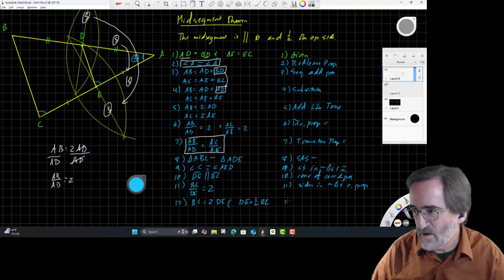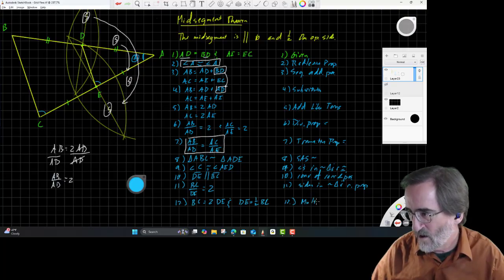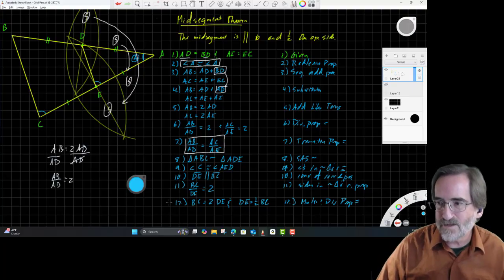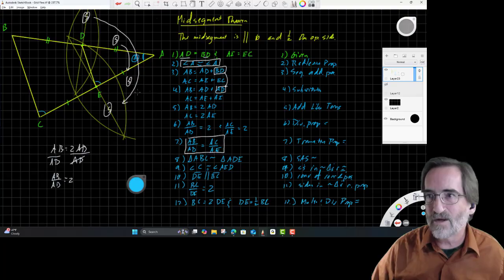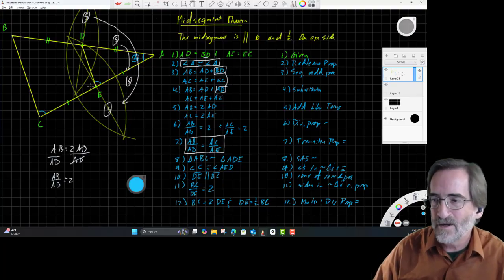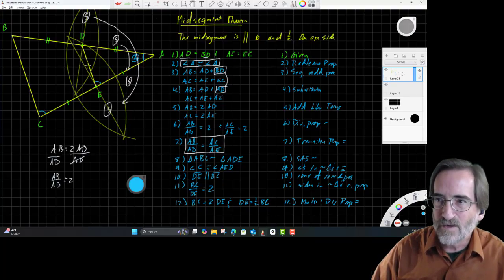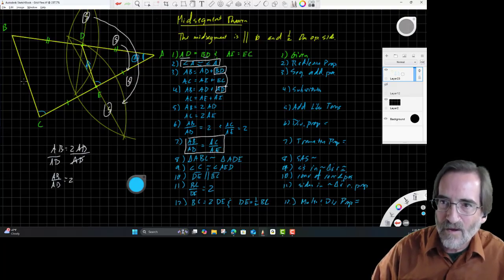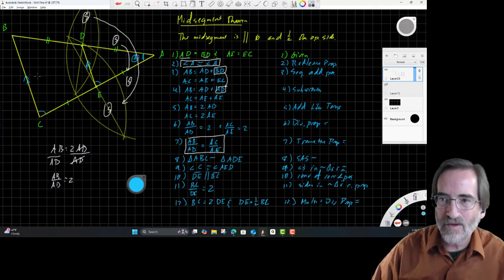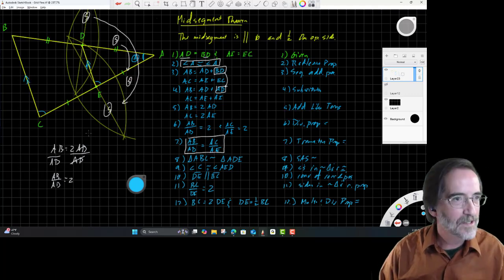By 2 steps there, by multiplication followed by the division property of equality. Whew. All right, so we started with the midpoints, the mid-segment, and we ended with DE is both parallel to and 1/2 the opposite side. Wow, what a proof.